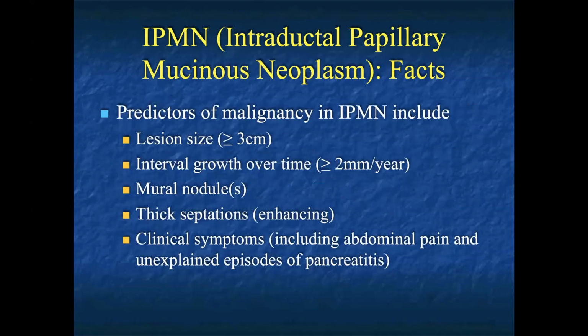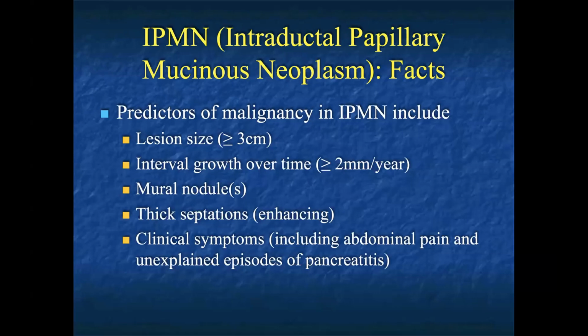Now, in terms of IPMNs, the classic thing for calling things worrisome, suspicious of malignancy, the larger they get, typically the Tanaka criteria, anything above 3 centimeters should be resected. That's no longer the case. We talk about interval growth. If it grows more than 2 millimeters, surely more than 5 millimeters a year, there's concern for malignancy.